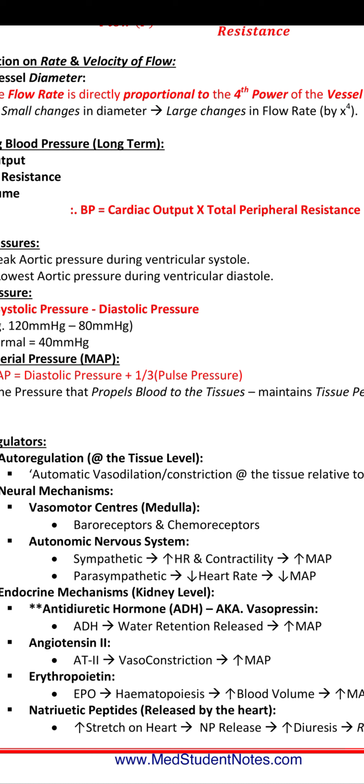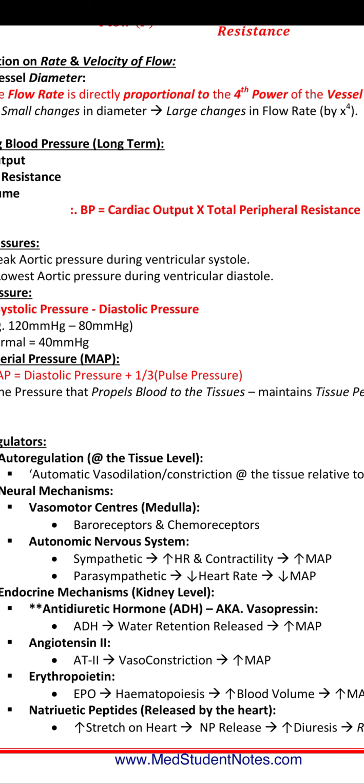So the antidiuretic hormone, known as vasopressin, causes water retention, and when the retention of water increases, it increases the MAP, or the mean arterial pressure.